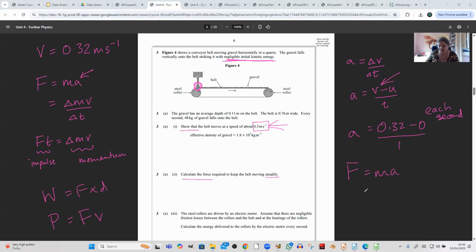So this becomes 48 times 0.32. Can you see how simple it is? Can you see how difficult the thinking was? The thinking is really hard here because it's not obvious that you need a force at all.